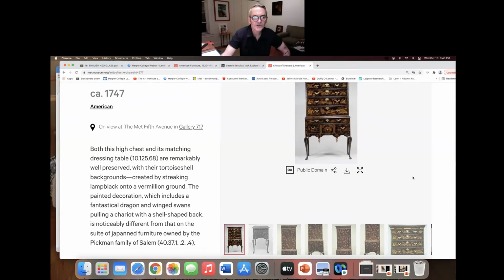Chest of drawers. This would be a much more expensive item with tortoiseshell.